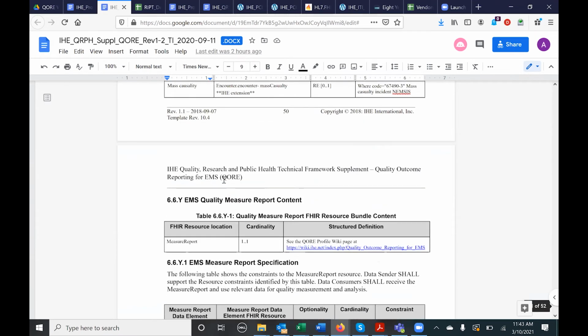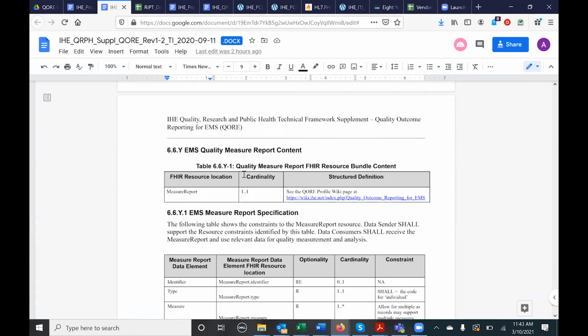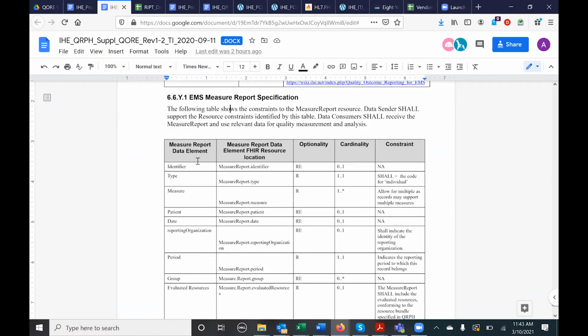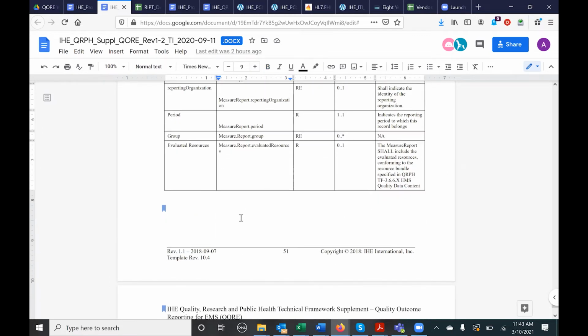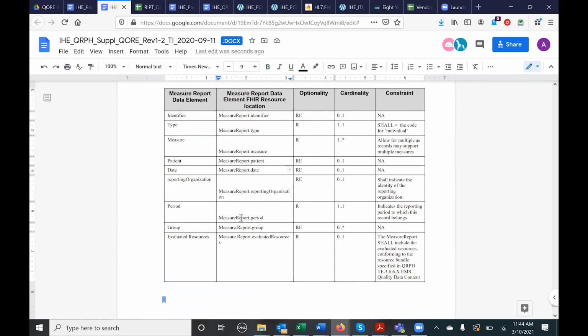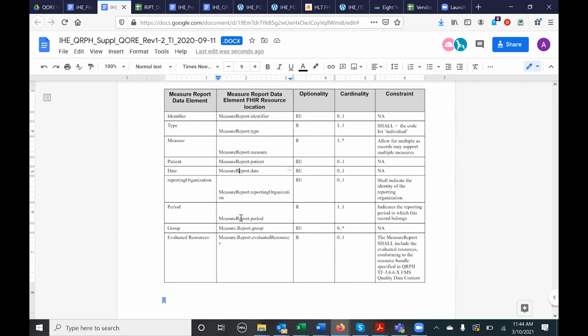No, actually, we're using the measure report content bundle for this. So this talks about the measure report data elements and where they will go here. This is like the generic, I don't want to say sleeve or envelope, because I know that's not the right terminology, but this is the FHIR structure definition where a lot of the things will be packed into.